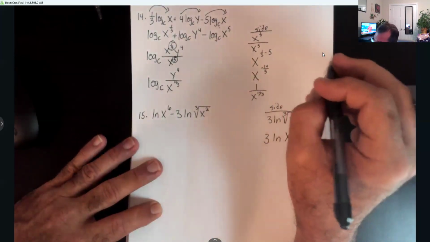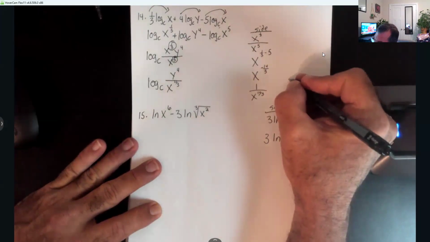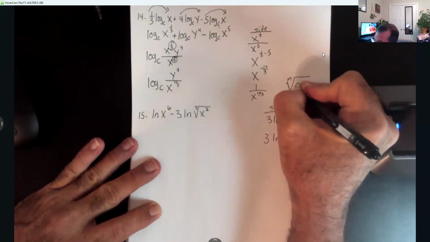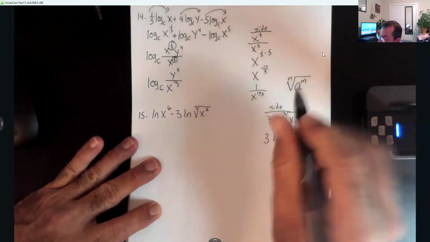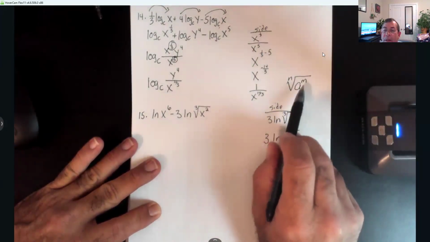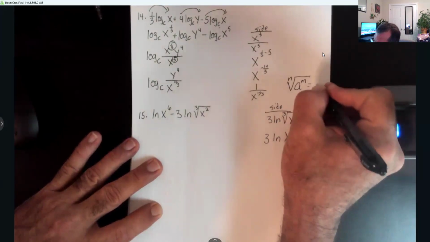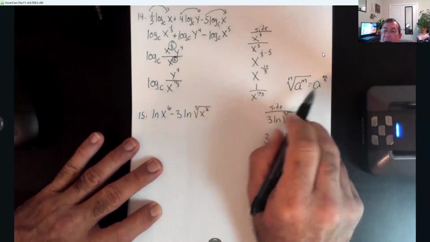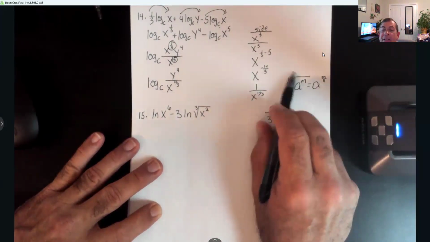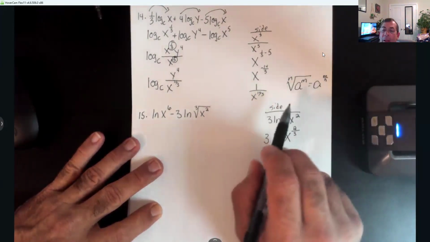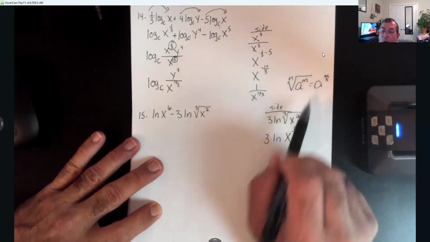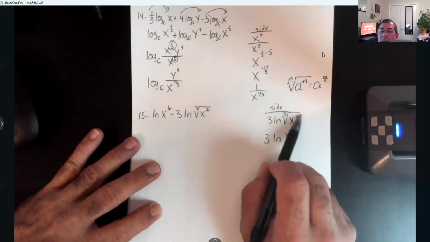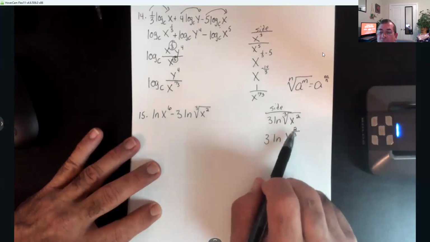Okay, so that goes back to this property. If you got the nth root of a to the m, that equals a to the m divided by n. It's always the index of the radical on the bottom. Now, the reason we were writing ones a while ago was because our variables didn't have exponents by them. But if the variable does have an exponent, that will become your top number.